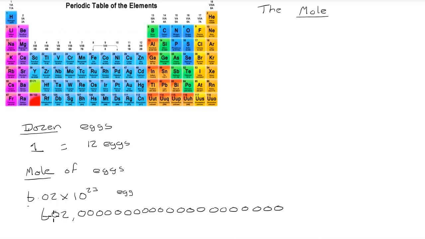So 602,000,000,000,000,000,000,000 eggs. That's a lot of eggs. It's an absolutely huge number. And the reason this number is so big is because it's the number that we use to count atoms, and atoms are extremely small.